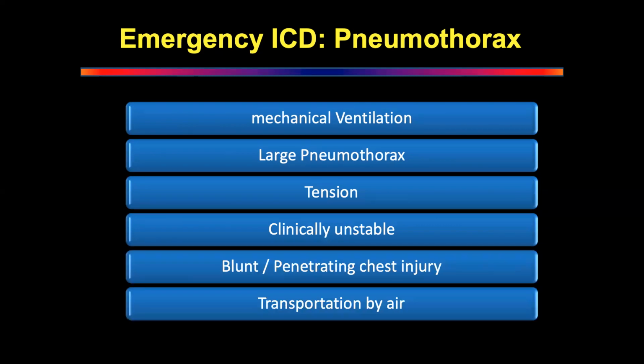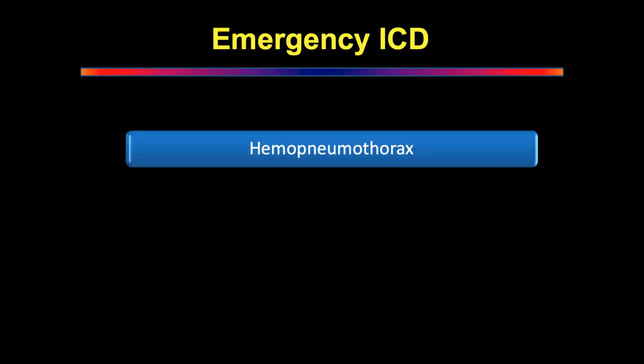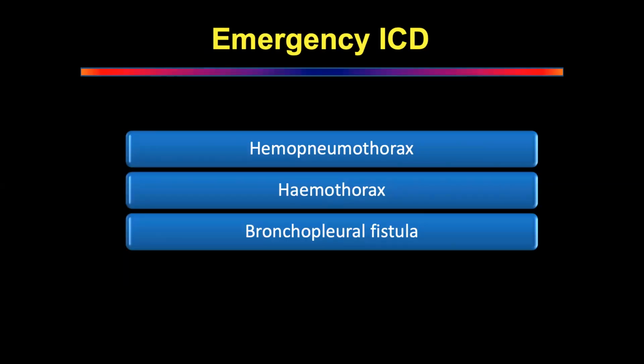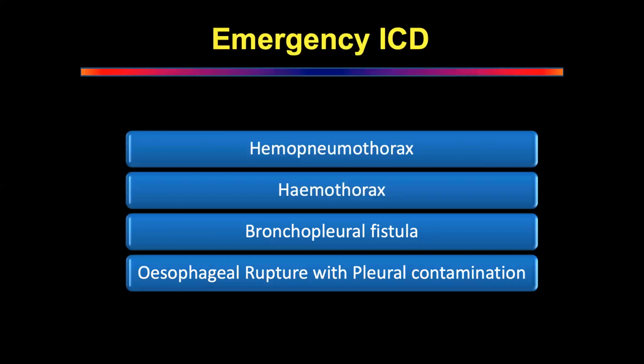Any patient who is being transported by air, patients who have hemopneumothorax, giant hemothorax, massive hemothorax, acute rupture of bronchopleural fistula with gradual loss of volume, esophageal rupture with pleural contamination. These are the ones which are emergency ICDs. Agreed or no? Yes, sir.